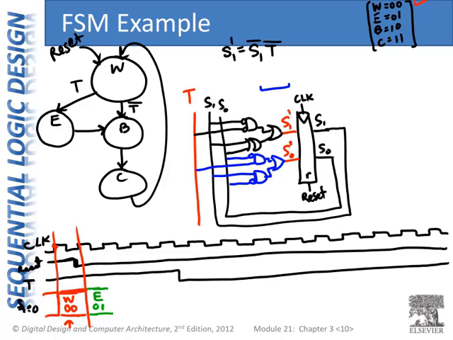If we were in the W state, reset is low, so reset goes low here. We do have time. We expect the next state to be the E state. That is in fact what we calculated here. And at the clock edge, that next state became the current state.